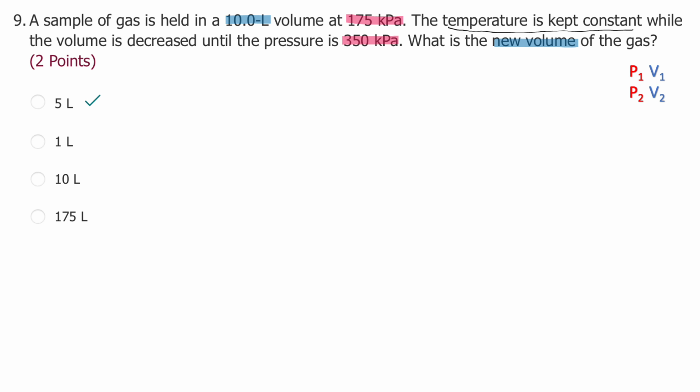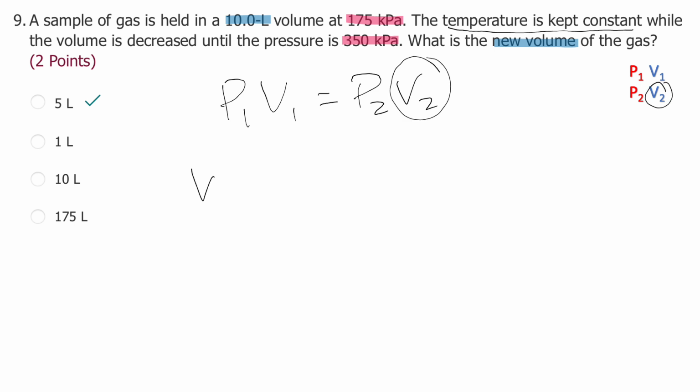So we're given 2 pressures, we're given a volume, and we're asking for the new volume. So that would be pressure and volume again, which is Boyle's law, P1 V1 equals P2 V2. So now, since we know that we're solving for the new volume, we're going to make our new equation by dividing by P2. So we have P1 V1 divided by P2, and now you plug it in.